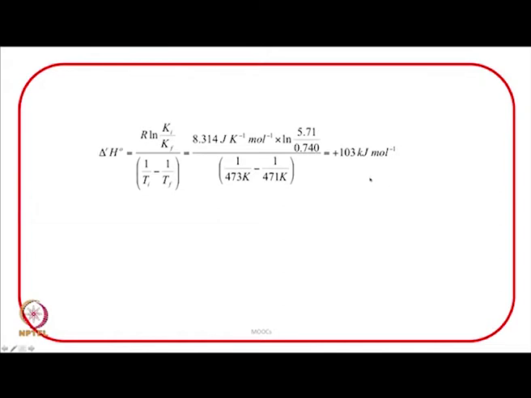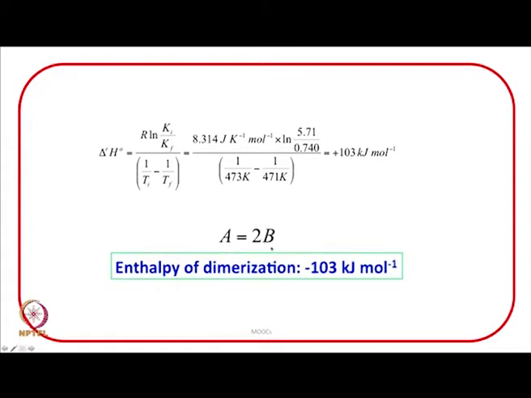But remember that this enthalpy is for the process A going to 2B. Therefore, dimerization, which is the reverse reaction, the enthalpy of dimerization will be negative of this, minus 103 kilojoules per mole.